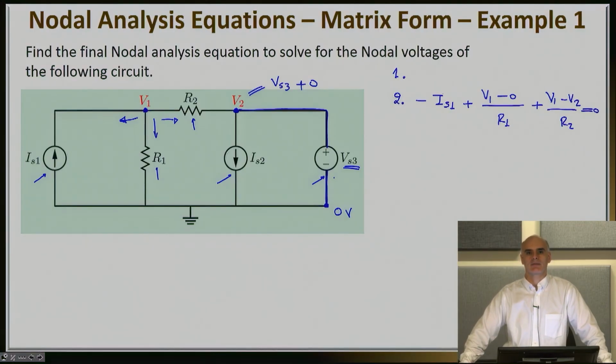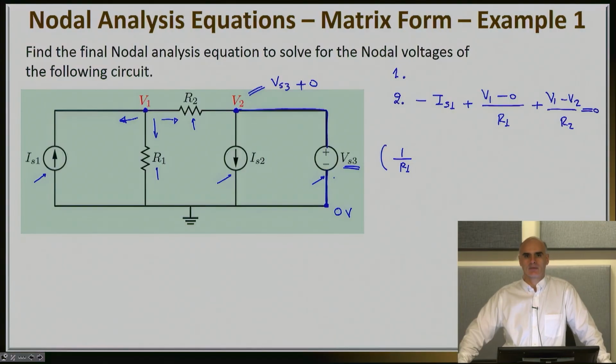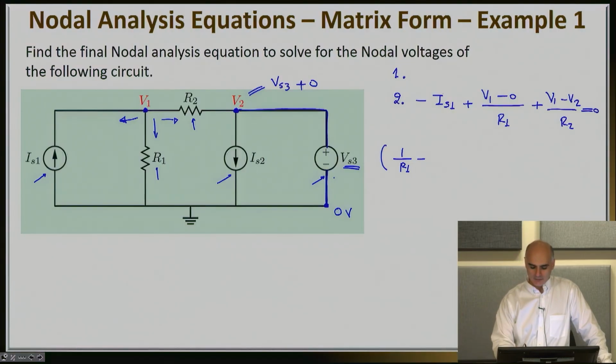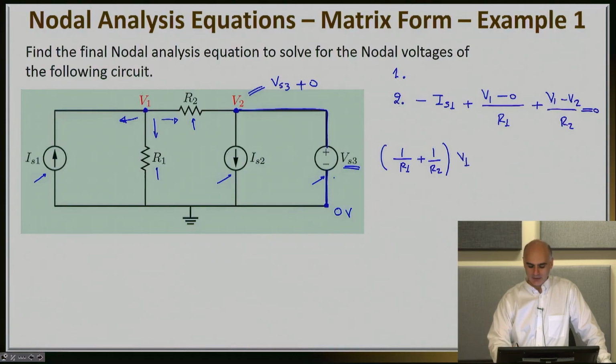So here's my very first nodal equation. I can go ahead and try to put this closer to a matrix form, like I mentioned before. That means I will have to write down some coefficient that multiplies V1. Let's see what that is. I have 1 over R1 from the second term, and I have 1 over R2 from the third term. So I have 1 over R1 plus 1 over R2 times V1.